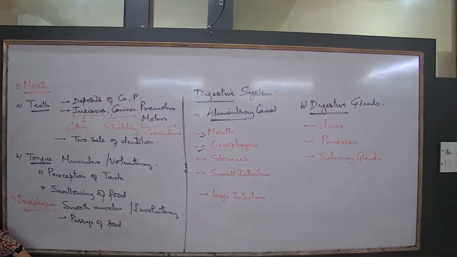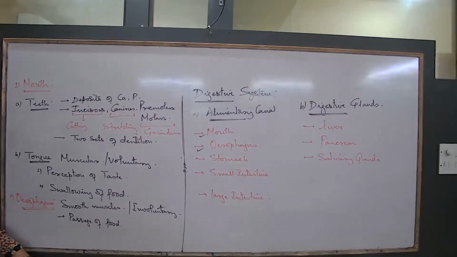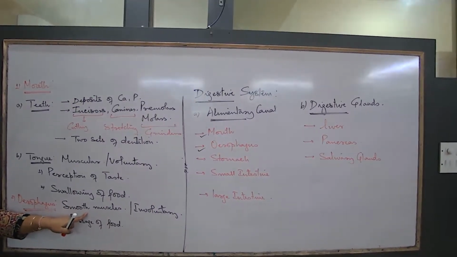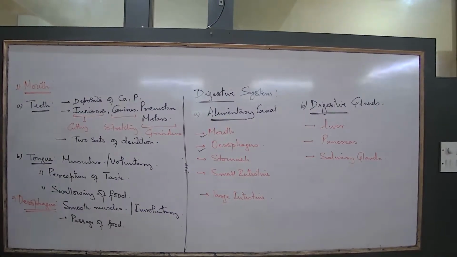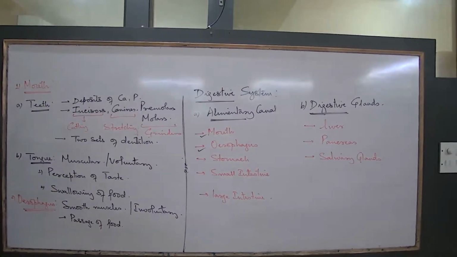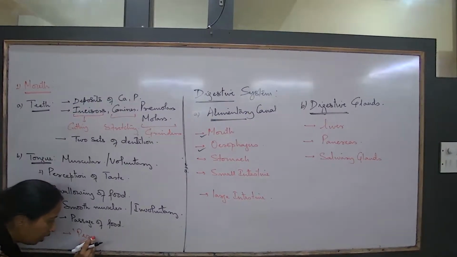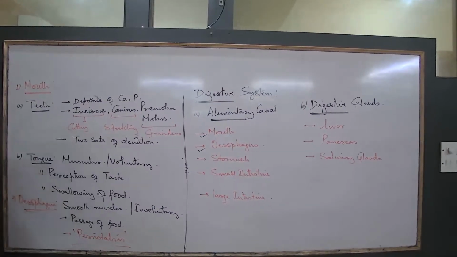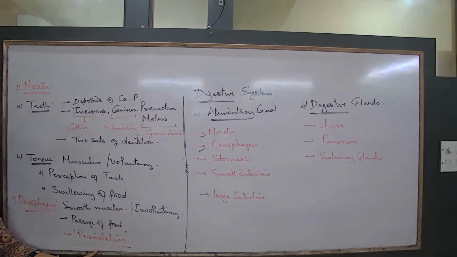The esophagus, the stomach, small intestine, large intestine, all are made up of smooth muscles. So since all are made up of smooth muscles, what is that one property? The alimentary canal undergoes a process, a property known as peristalsis. The entire alimentary canal shows this process.